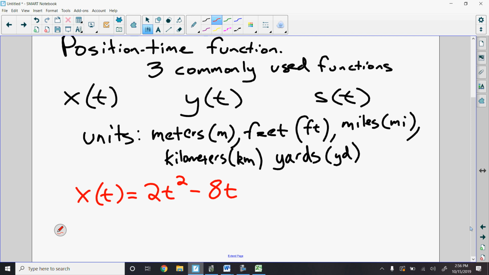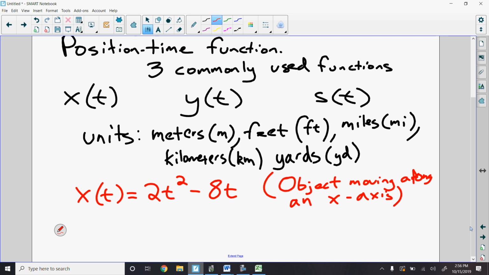Again, this is an object moving along an x-axis. For this specific example, I'm not going to use any units. I just want to talk a little bit about what this means. The question might be, what is the position of the object at t equals 1?